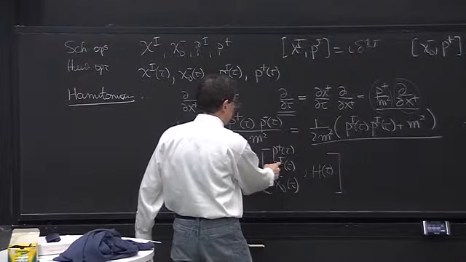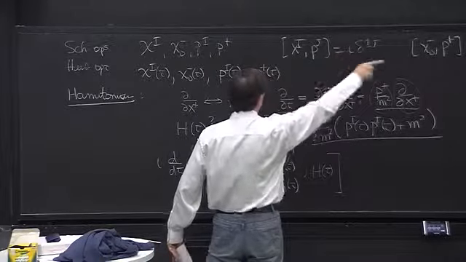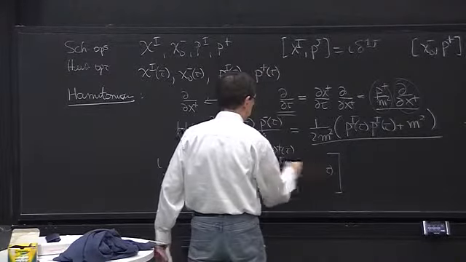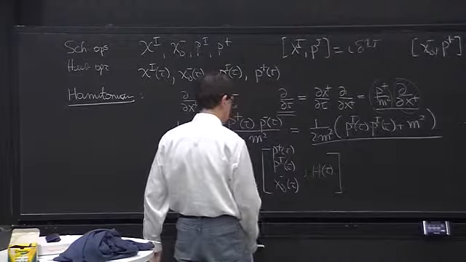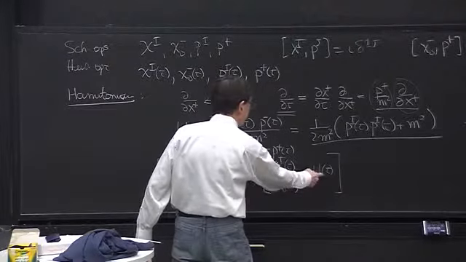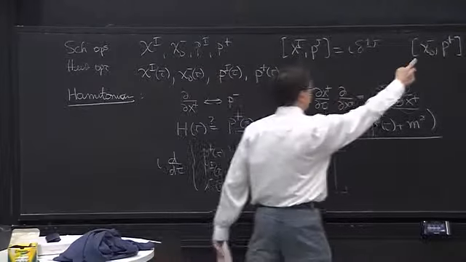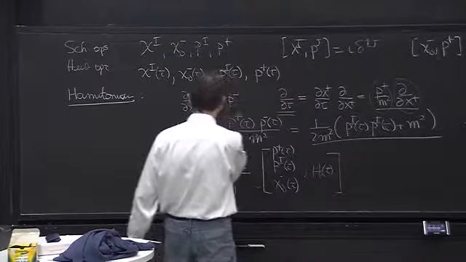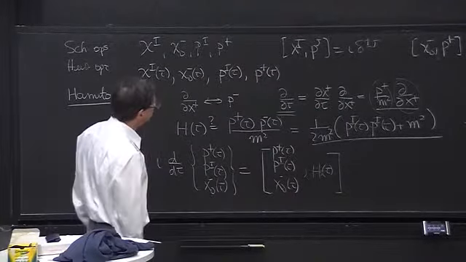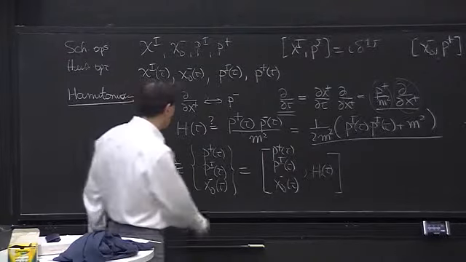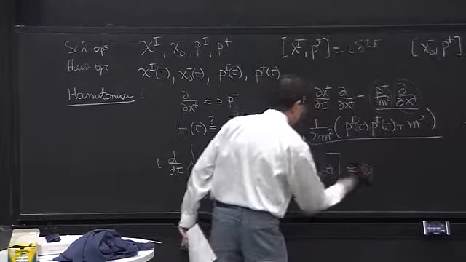Pi and Pj commute. There's no such commutator. So Pi's commute with H, and X0 minus commutes with H because X0 minus only commutes with P plus. And look, the P plus disappeared from H. So all of these are 0.